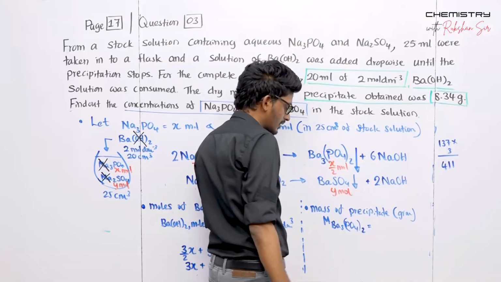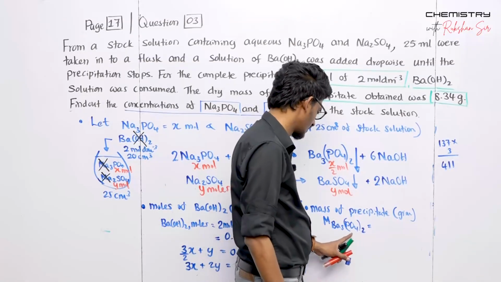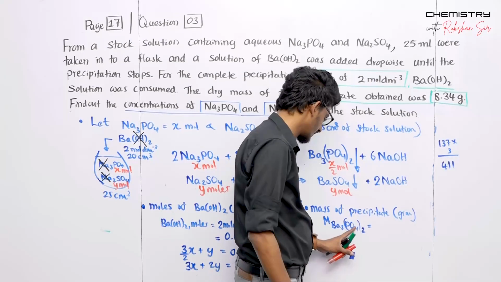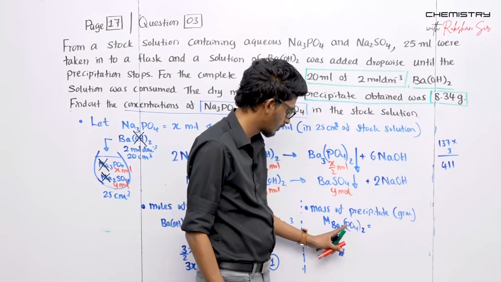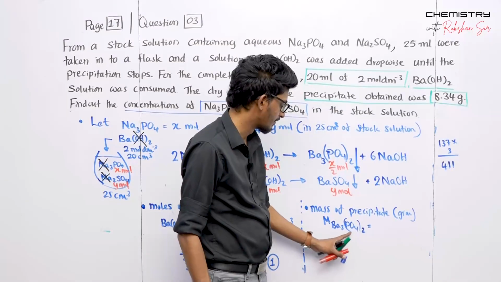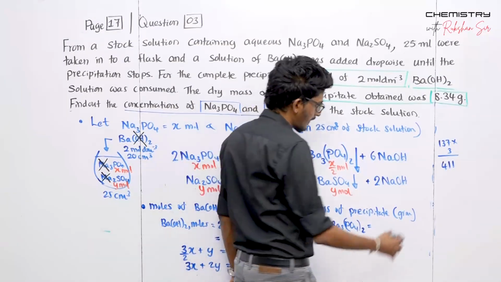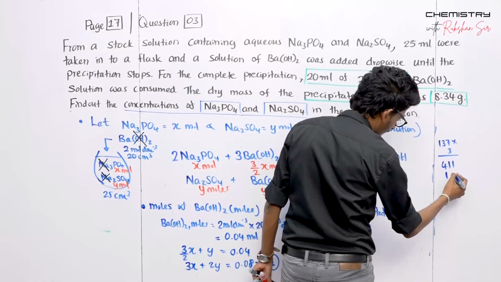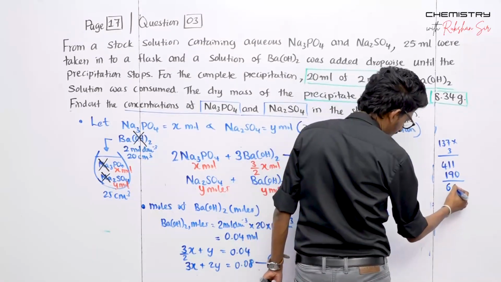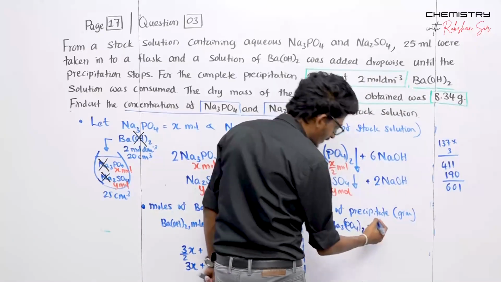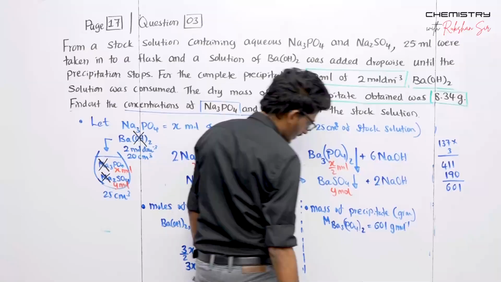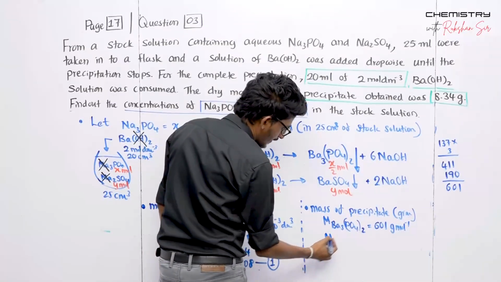And phosphate: 16 into 4 is 64, and 31, that is 95, into 2 is 190, that is 601. So molar weight is 601. What about the molar weight of barium sulfate?